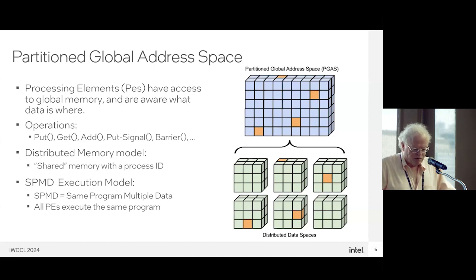In this example, a large 3D array is broken down into 6 subsections that may be on 6 of what SHMEM calls processing elements and what MPI would call ranks. It's an example of an execution model, SPMD, in which all the ranks run the same program. There's some kind of job launcher like mpirun. You give it the name of the executable, and it starts up copies of that on as many nodes as you wish.